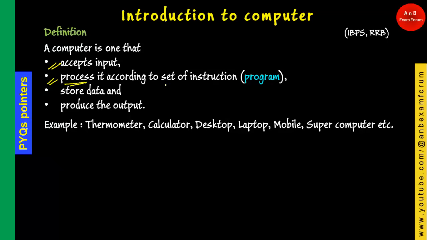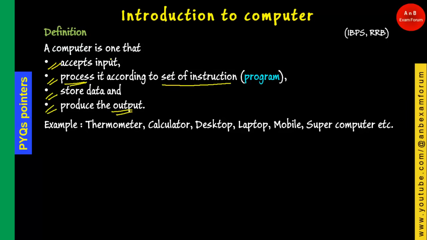According to a set of instructions. Okay, and once it processes it, it is going to generate some result that we know as output, and during this process the computer needs to store the data, so it stores the data also. Okay, a very simple definition.